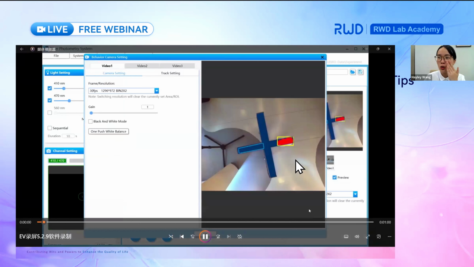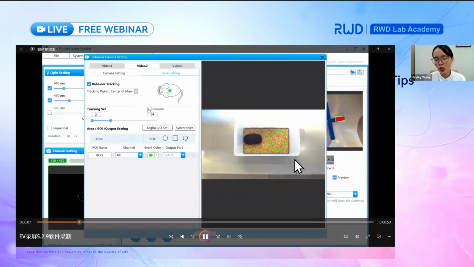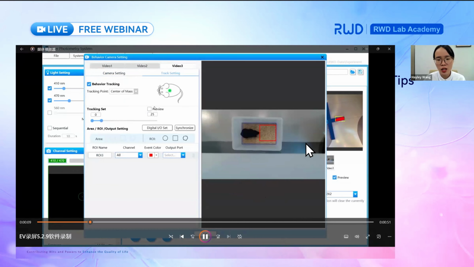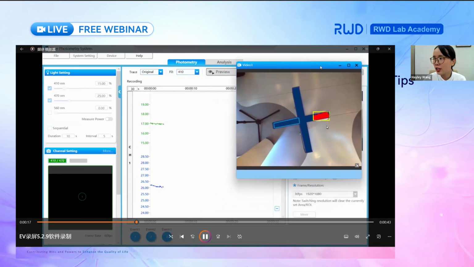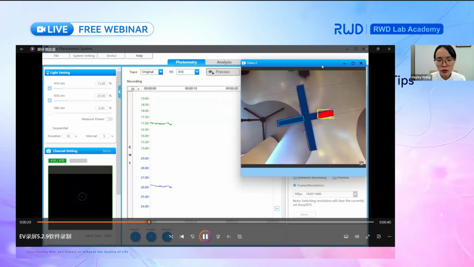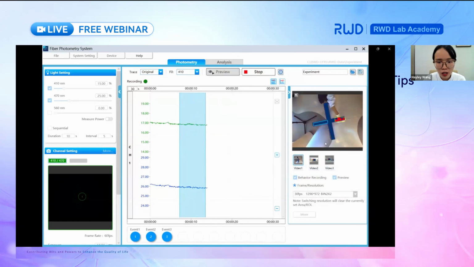To do this, we can collect animal behavior with a camera so that the behavior video is recorded at the same time as the fluorescent signal. The software can display trajectory tracking. In addition, when the animal enters the ROI, the system can also perform automatic ROI-based event marking.